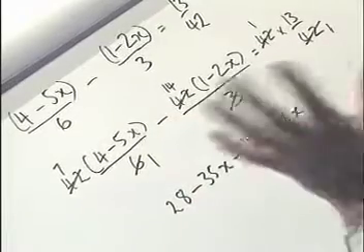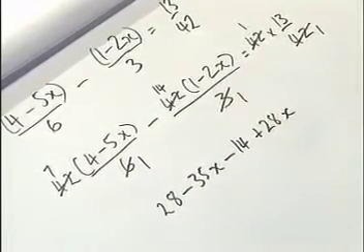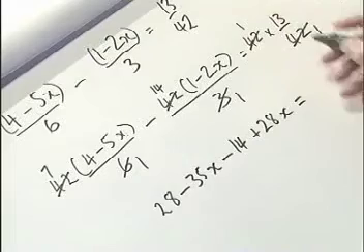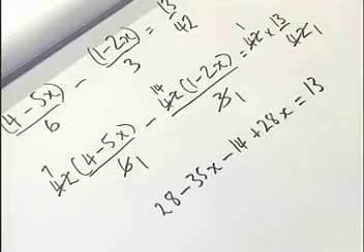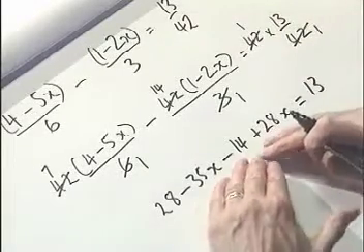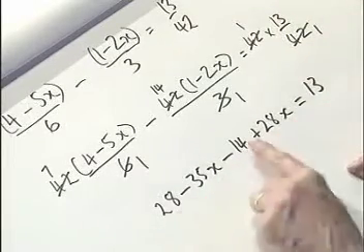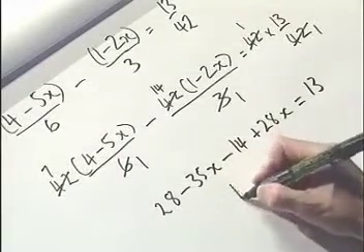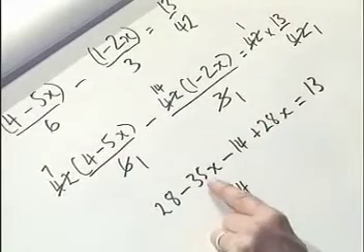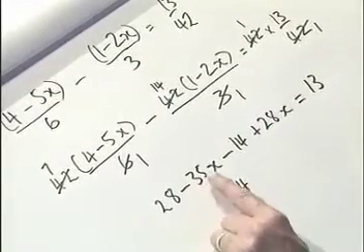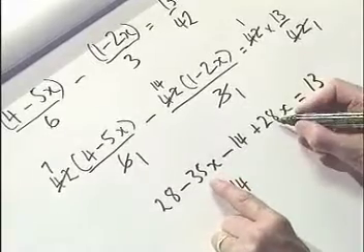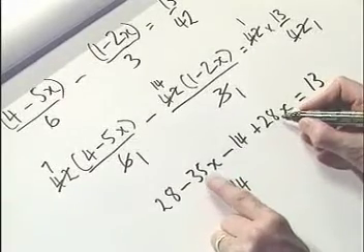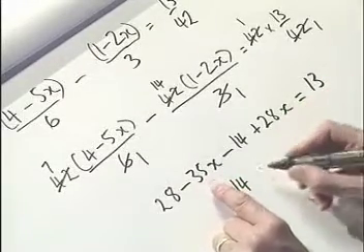Remember, we've got to take extra care when we've got those minus signs. 1 times by 13 is just 13. Now I need to tidy this side up. 28 take away 14 is just 14. Minus 35x plus 28x. Well, what's the difference there? It is 7.